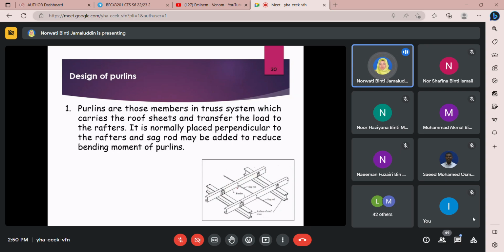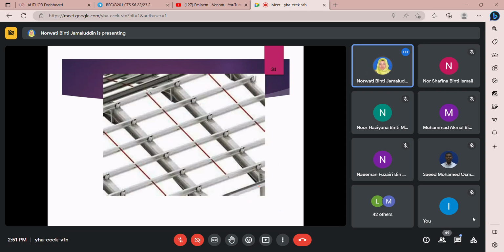So to decrease the deflection of this member, we need another support. That other support is in the form of a sag rod, just to reduce the bending and the deflection, because this is a bending member. Purlin, don't confuse it with truss members. Purlin is a secondary member. Main truss members are the top chord, bottom chord, and internal members. This one is also purlin.